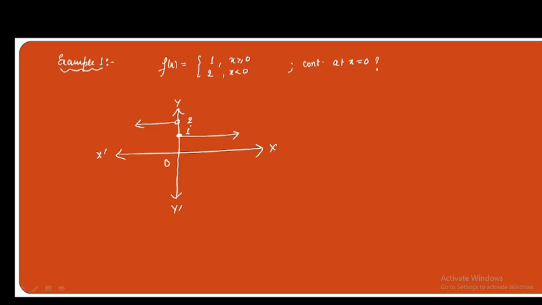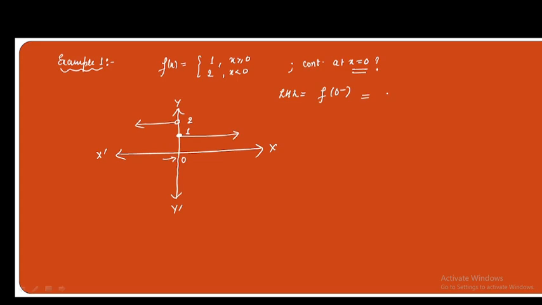So if I take the left hand limit, which is f(0 minus), because I have to check the continuity at x equal to 0, so I have to approach the function for values very close to 0, but from the left hand side, so it is f(0 minus).